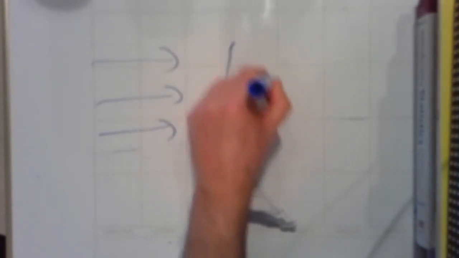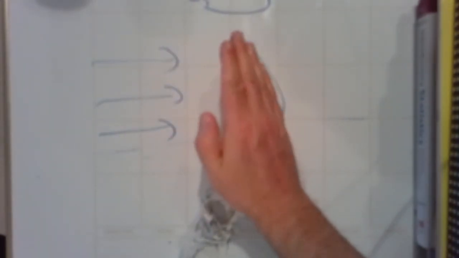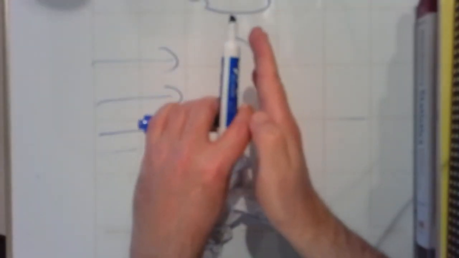So if I have some constant magnetic field and I've got some loop that I'm allowing to rotate around, I've got some loop here that's rotating around, where like this, if the loop is perpendicular to the board here, then the magnetic field points straight through it.